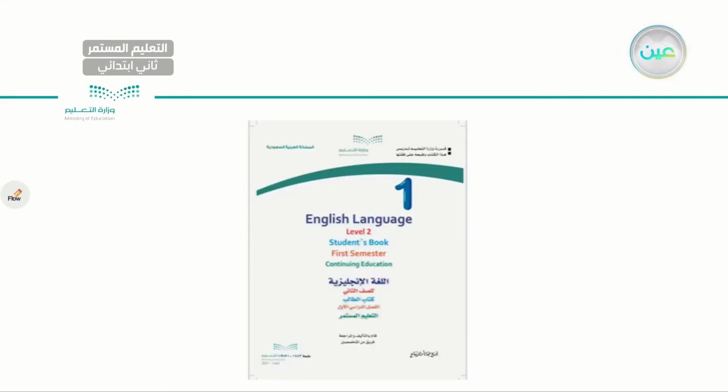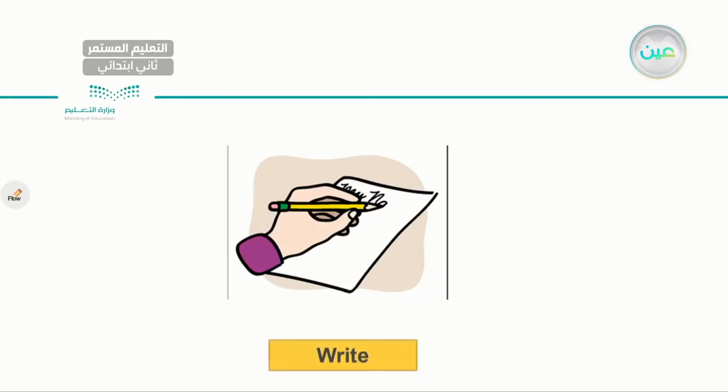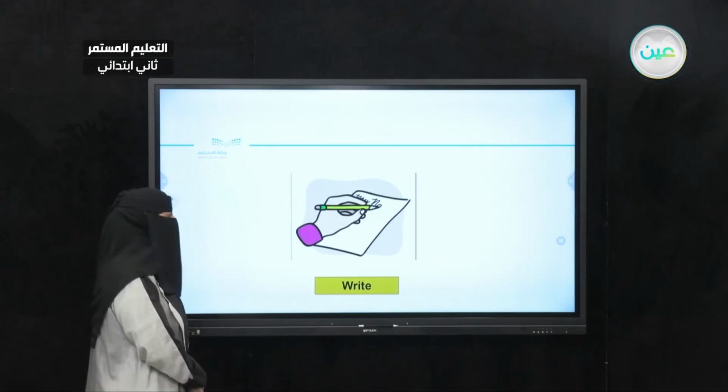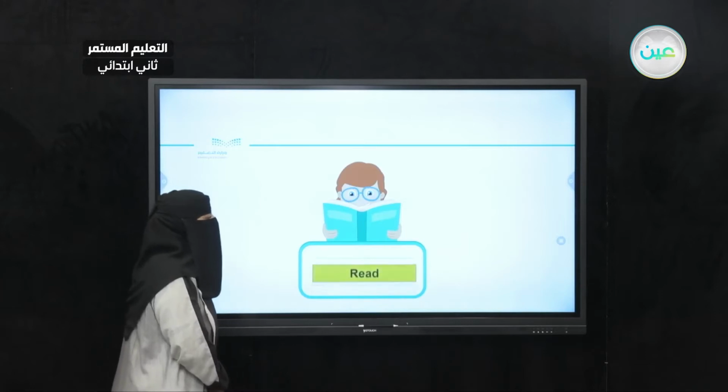This is your book. Make sure you have your book with you. In case you don't have the actual book, you can download the electronic one. As I mentioned, we are going to write in this lesson, so you need a pencil, a pen, papers, or a notebook. Also, we will read.